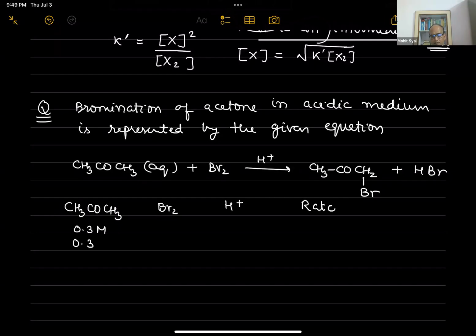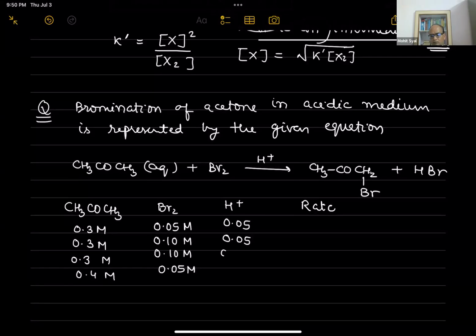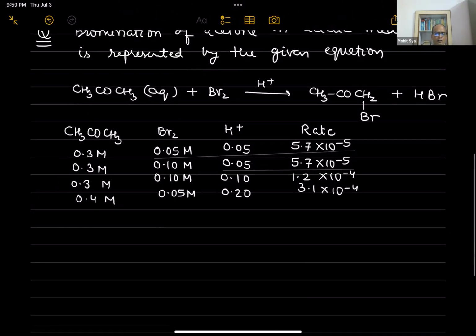Concentrations are in mole per liter. So what is the overall order of the reaction?